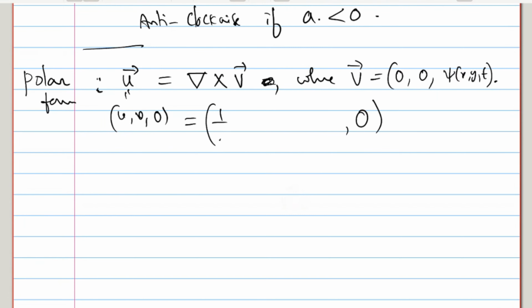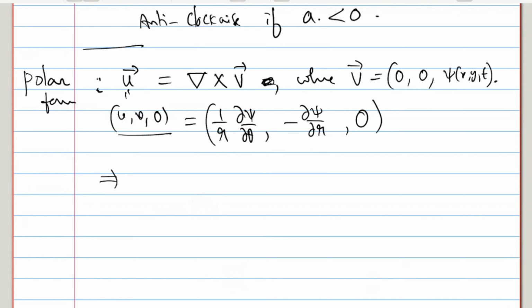So 1 by r times dou psi by dou theta, where x equals r cos theta, y equals r sin theta. This is one component, your r component, r cap. This is basically in Cartesian coordinates. What is the second component? You will get minus dou psi by dou r.